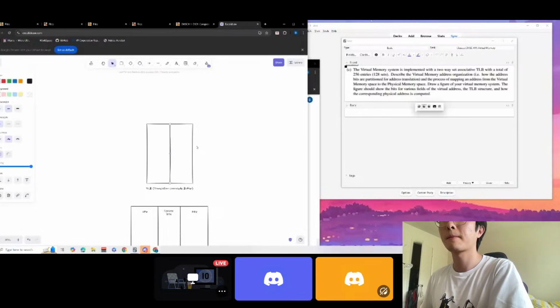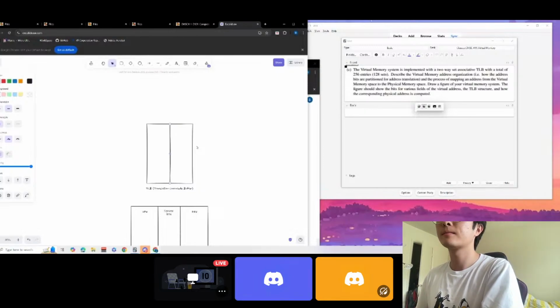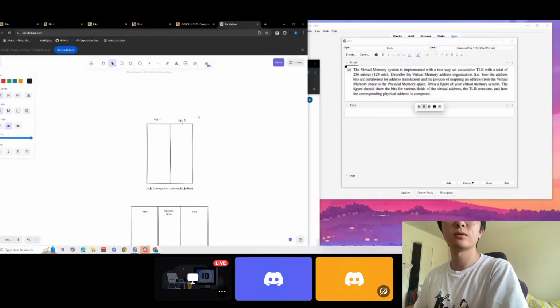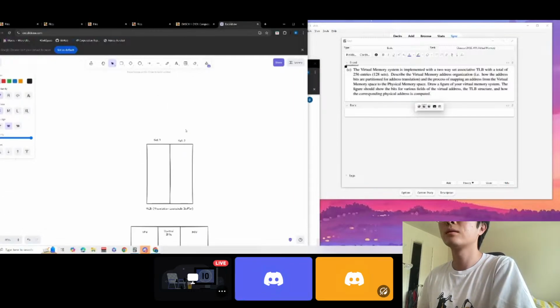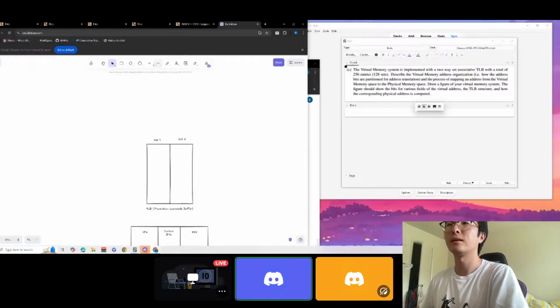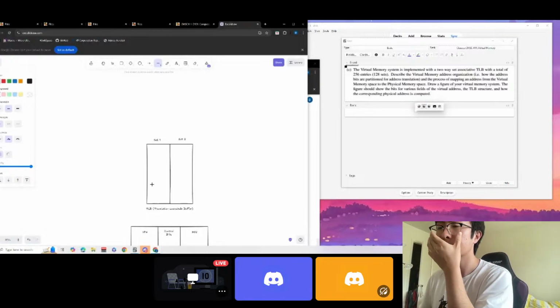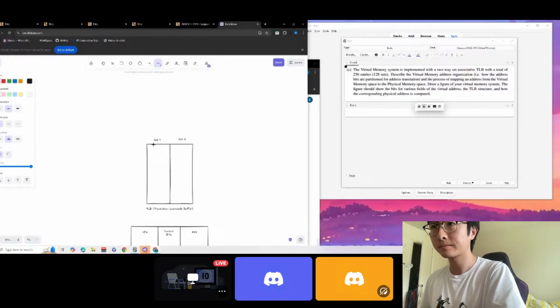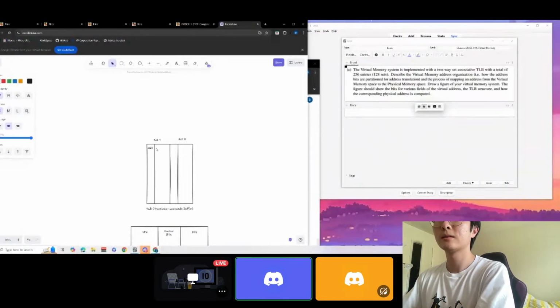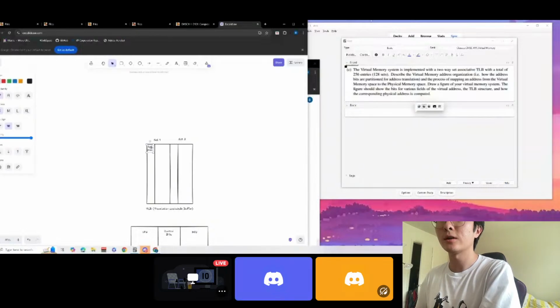So we have set one and set two. And then in each set we have our index, so our set number.